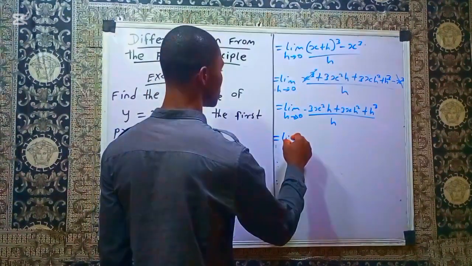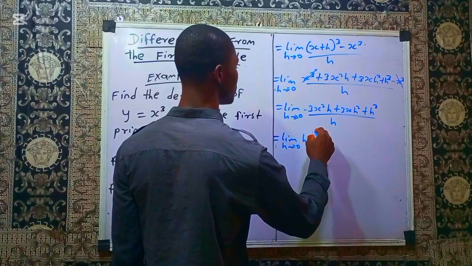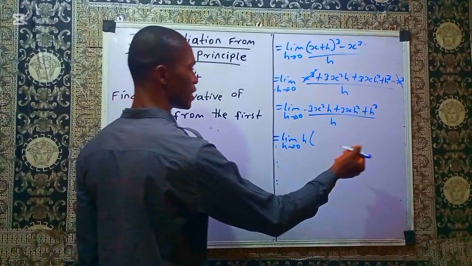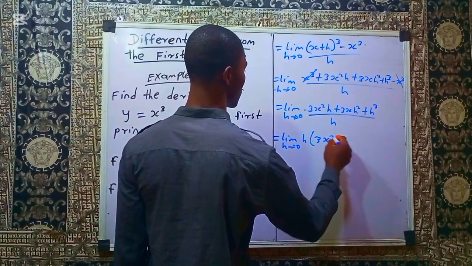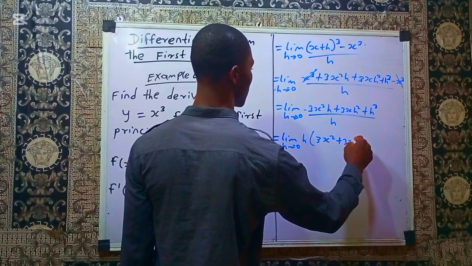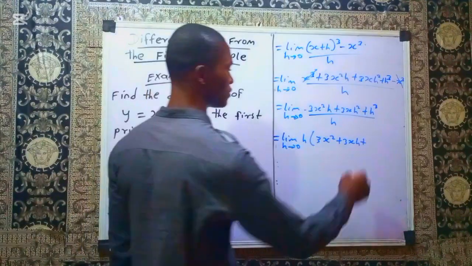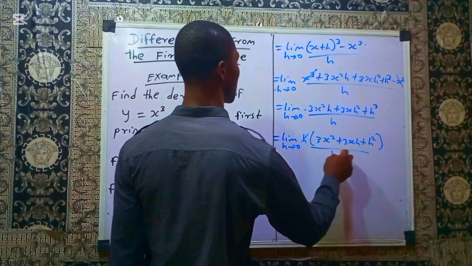So I have h open bracket. If I factorize h out, I will divide everything by h. 3x squared h divided by h, I have 3x squared. Then 3xh squared divided by h, I have 3xh. Then h raised to power 3 divided by h will give me h squared, all divided by h. So h can get cancelled.